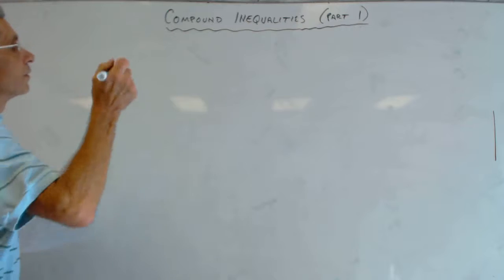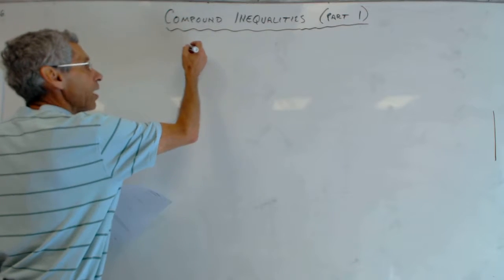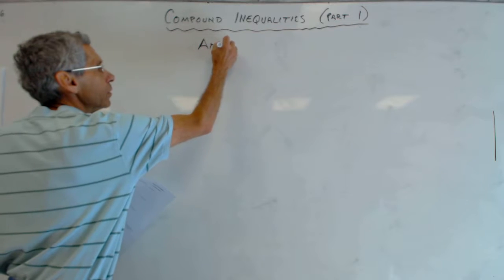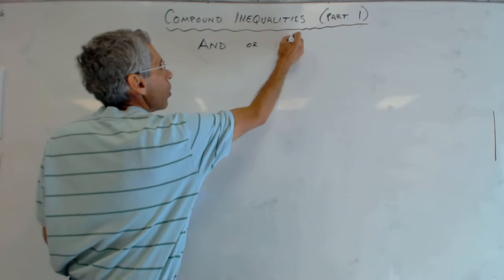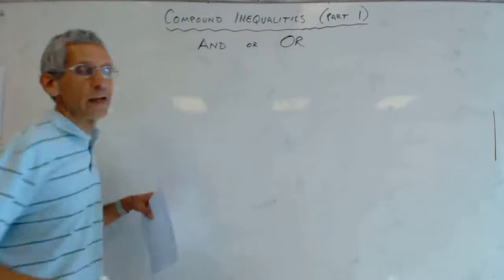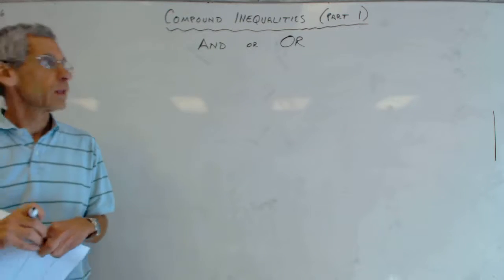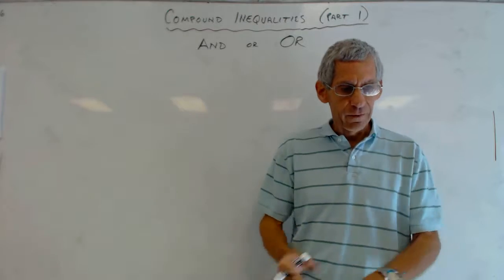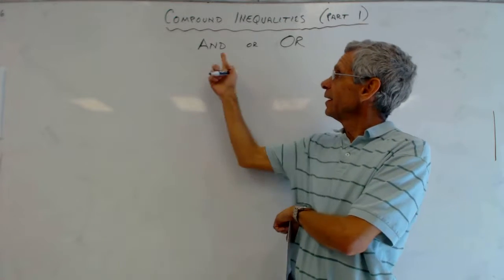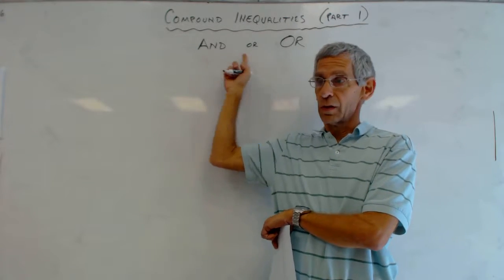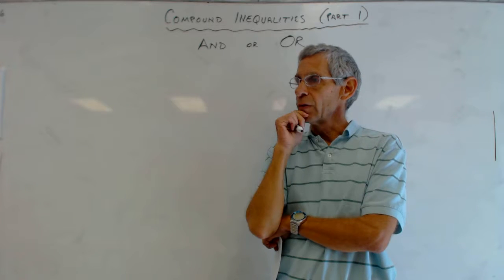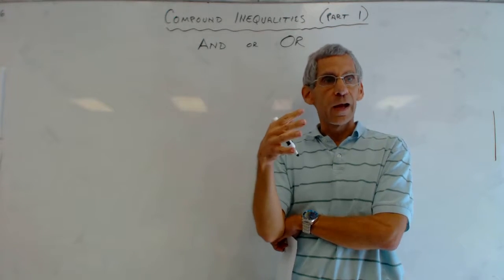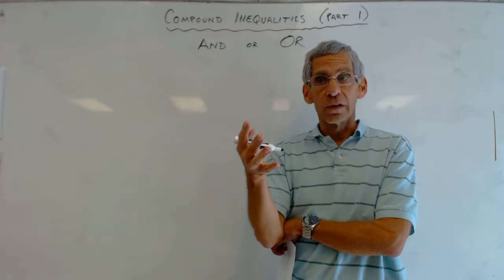They are combined by two words, either "and" or "or." Those are the two ways that you can combine them. In math, they have two other words that connect with these. I personally would have chosen different words, but we have to use the words that the mathematical community chooses.